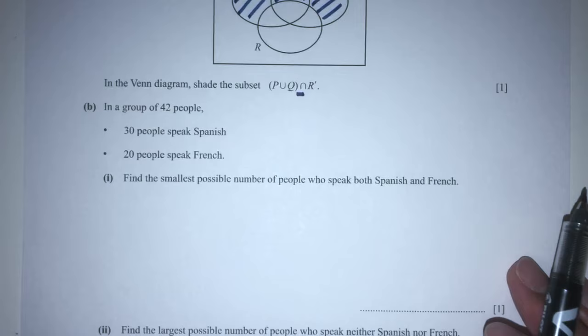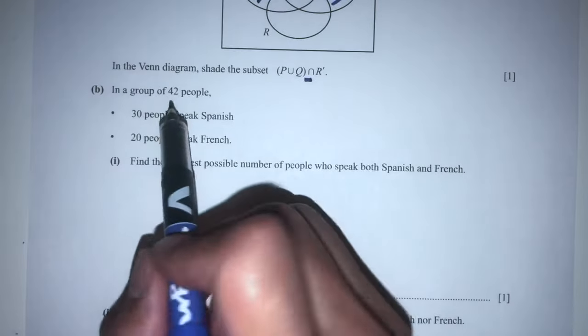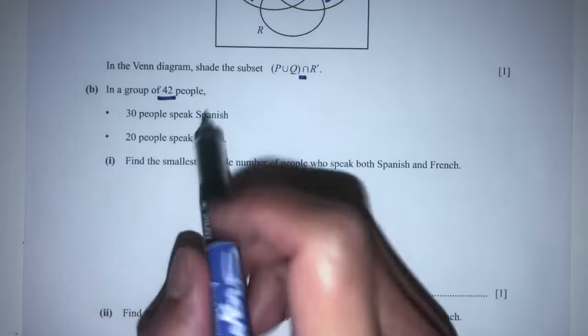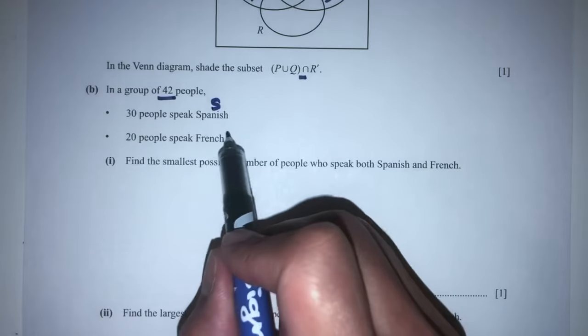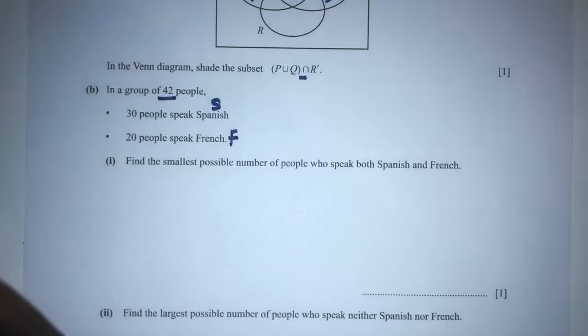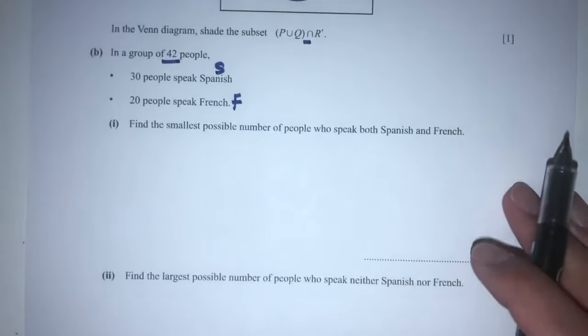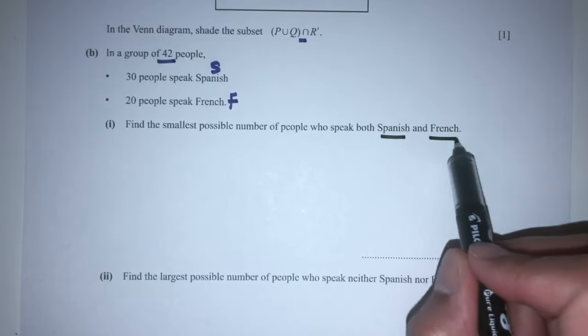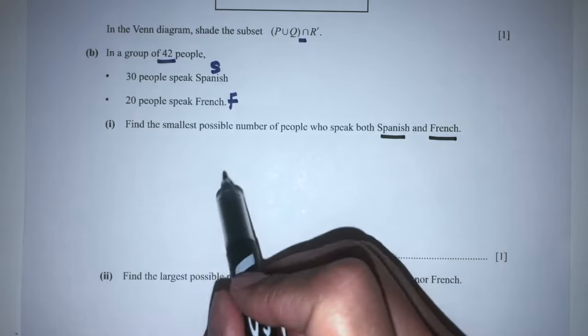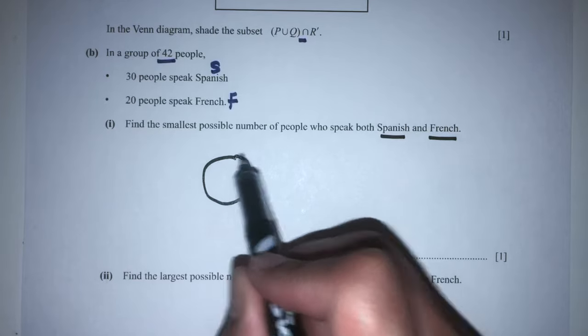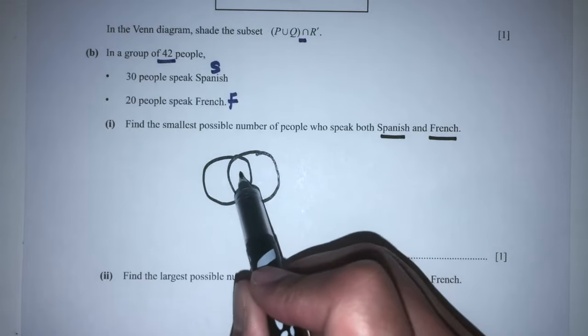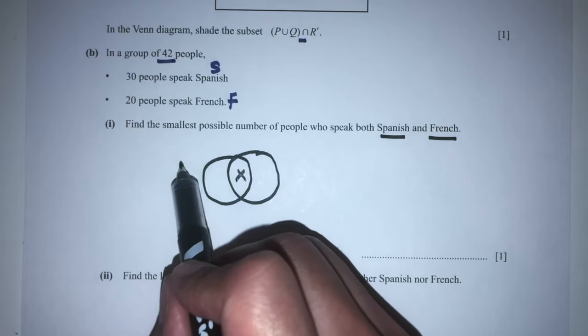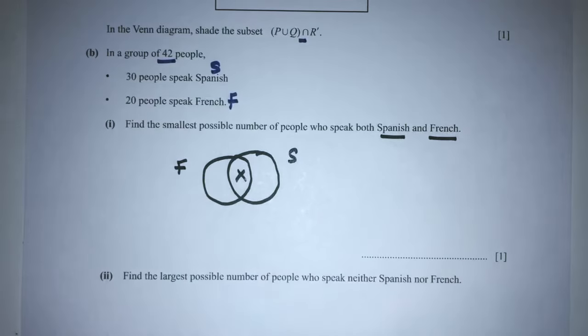Now for part B, we have a group of 42 people. 30 speak Spanish, that's called S, and French, F. Now find the smallest number of people who speak both Spanish and French. So let's see, we have this option.